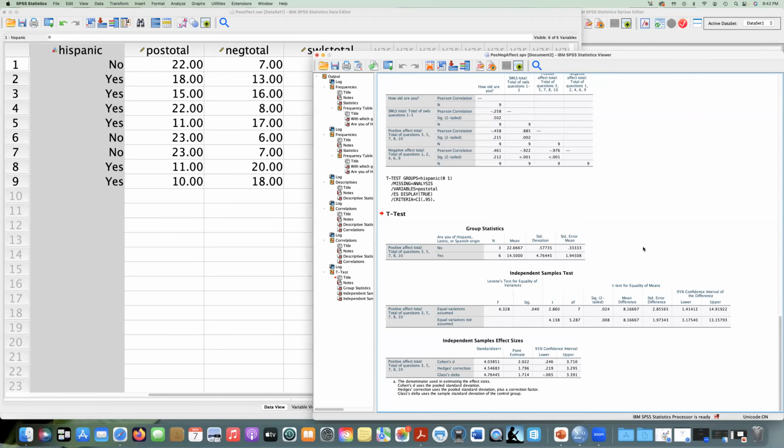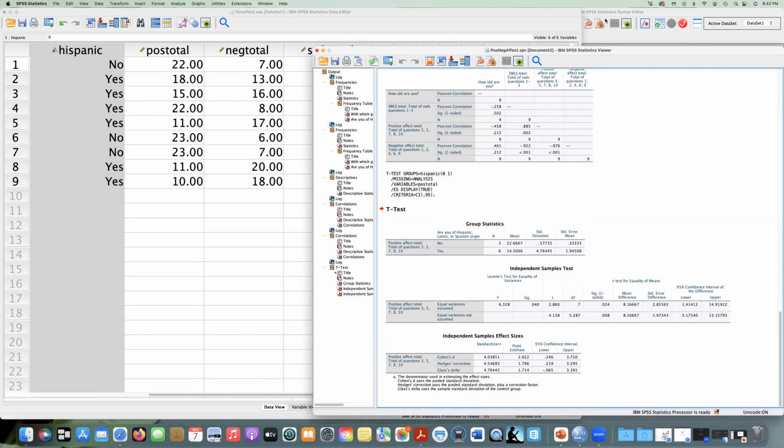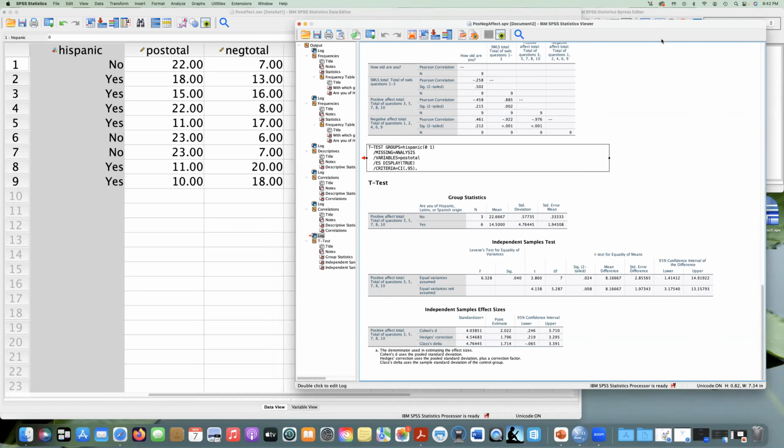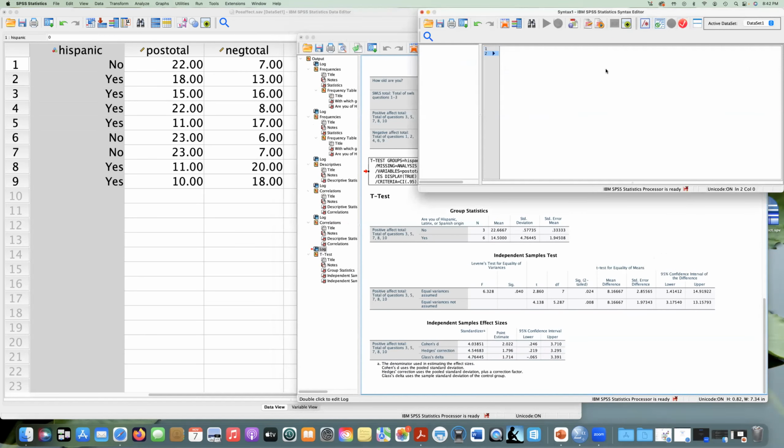I was trying to make this bigger, but you can see we're looking at this t-test right here. Here is our syntax. Again, I can right click this, copy it, and paste it into our syntax and learn from it and use it in the future. You can see that, again, not creative with the names, which is awesome. T-TEST is our command and we're identifying our groups as Hispanic.